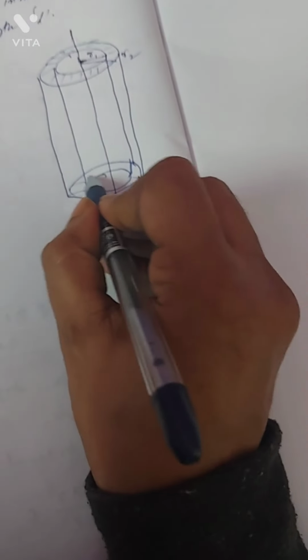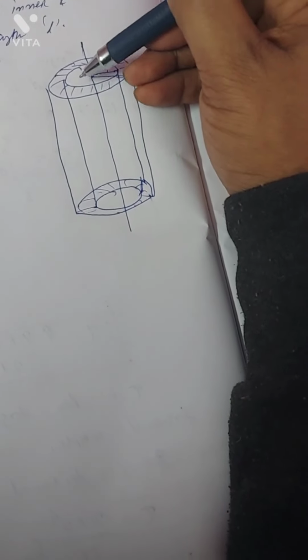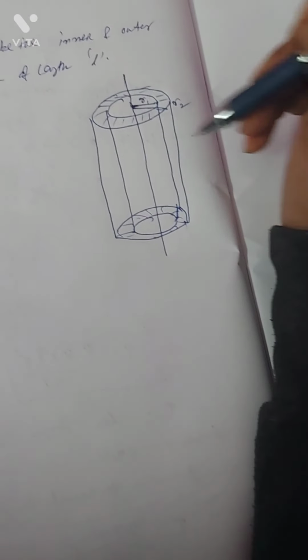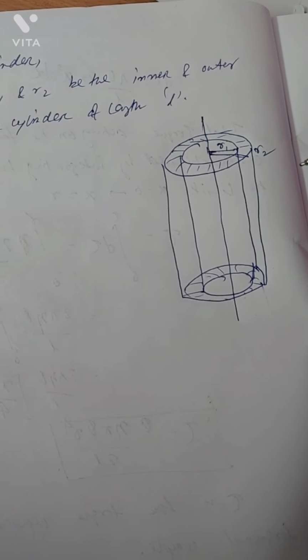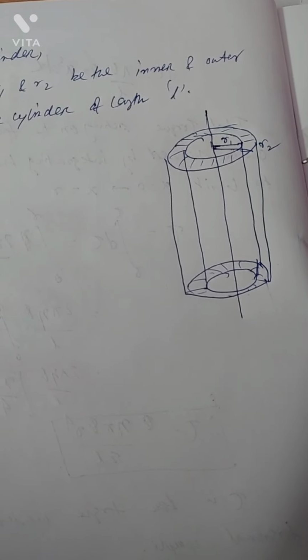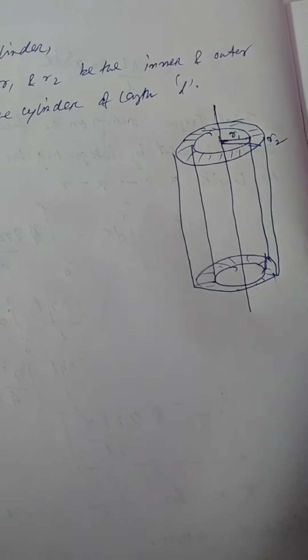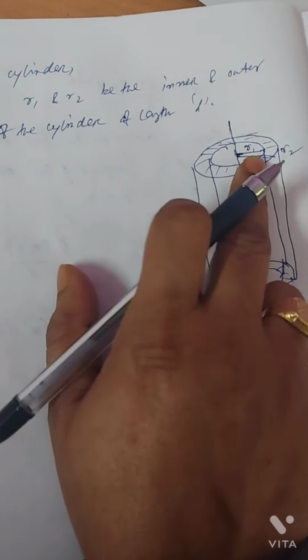This shaded portion is solid, and this portion is hollow. Now for such a cylinder, what will be the torsional rigidity or torsional couple per unit twist? The internal radius is R1, the outer is R2.